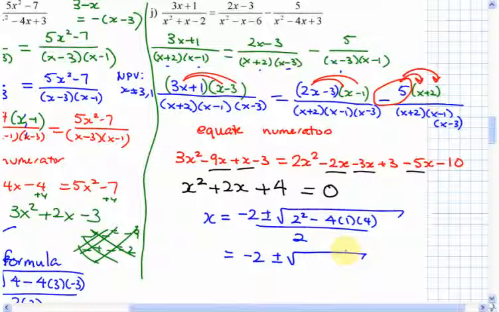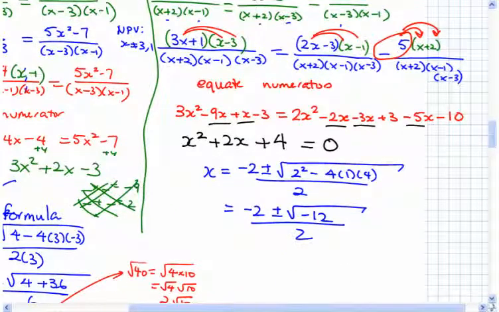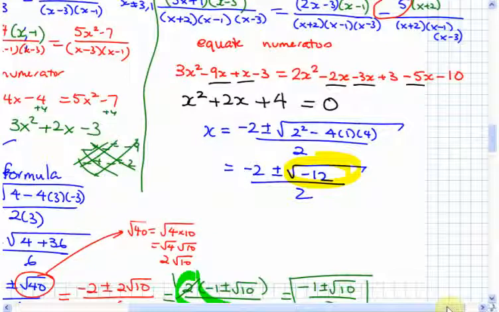4 minus 16 is negative 12. And now you're thinking, whoa, what is the deal with this square root of negative 12? You could say that this is an imaginary number. Remember that stuff from chapter 4?